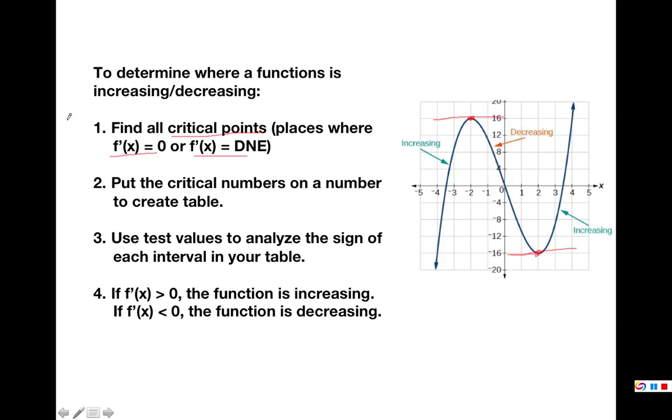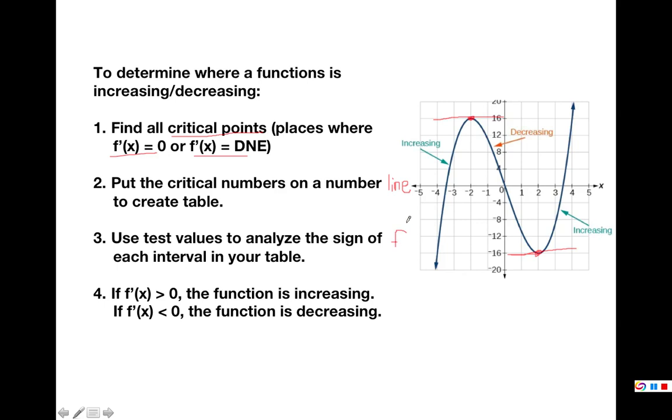But basically, I'm missing something here. I put my critical numbers on a number line. So basically, I just take a number line and I mark it with my critical numbers, and I use that to create a table. And then I pick test intervals in each region of that number line to analyze the sign of my derivative.